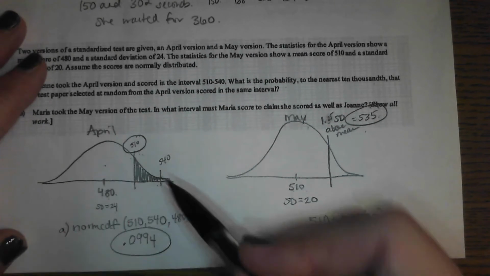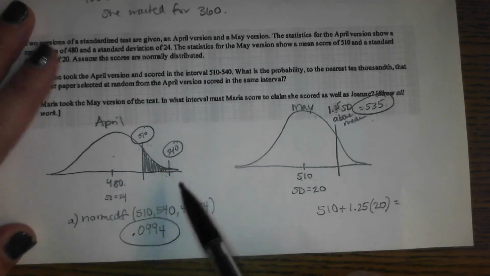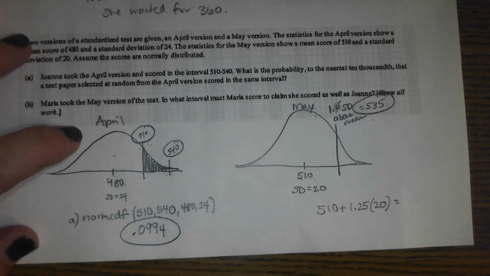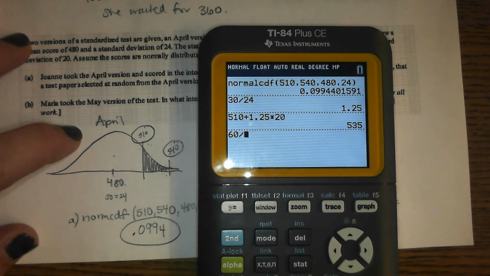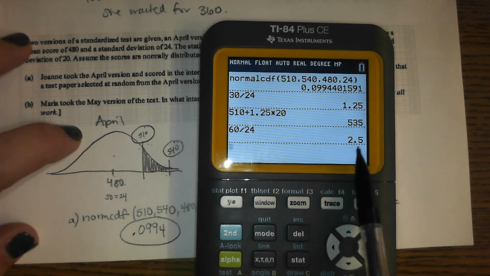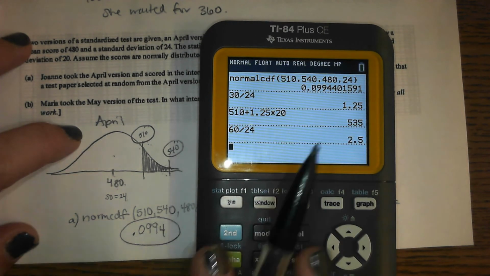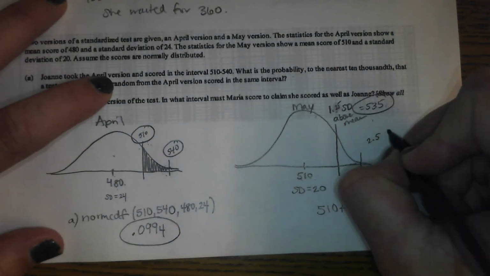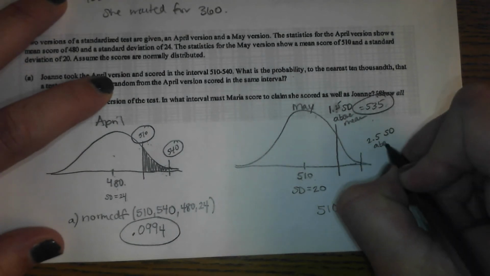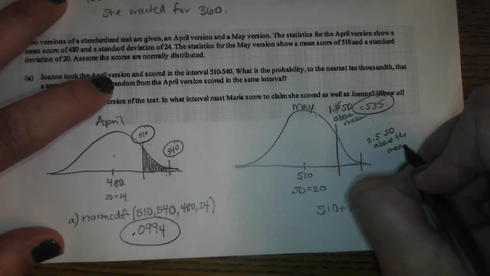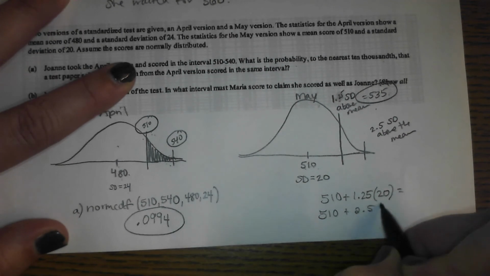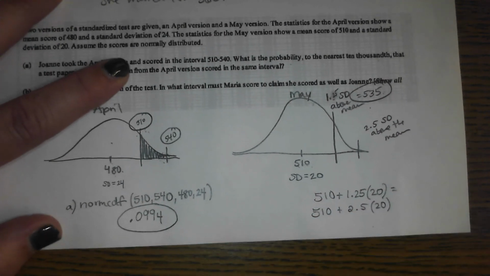And then we're going to do the same thing for 540. 540 is 60 points above the average. When 60 points comes from data that has a standard deviation of 24, that's 2.5 standard deviations. So in May, we want to go 2.5 standard deviations above the mean, which would be 510 plus 2.5 of these standard deviations of 20.